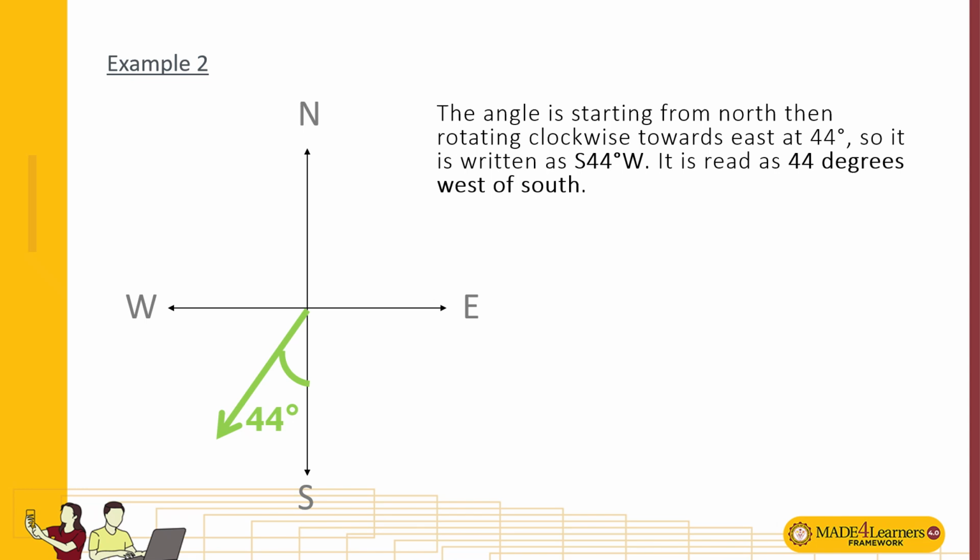Another example would be if the angle from south is 44 degrees and it's going towards the western direction, we call it 44 degrees west of south. We start from south and then go westward. So the notation would be S 44 degrees W.